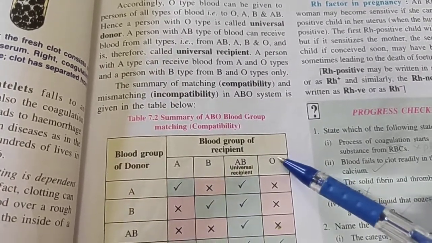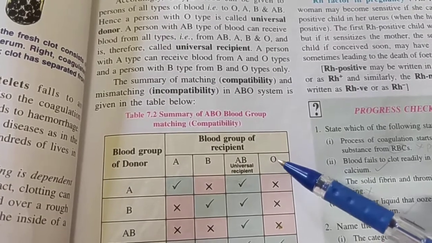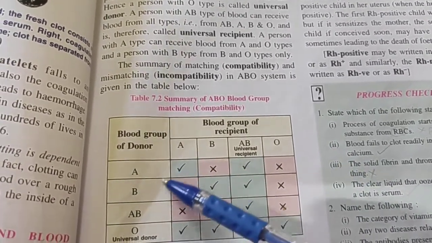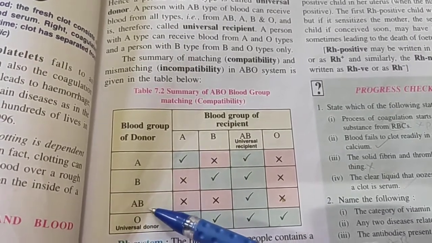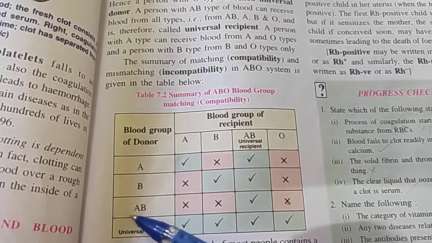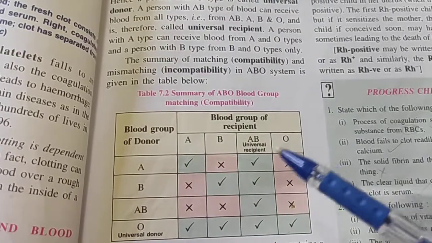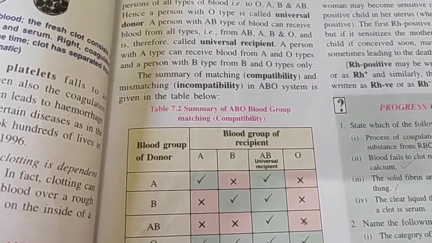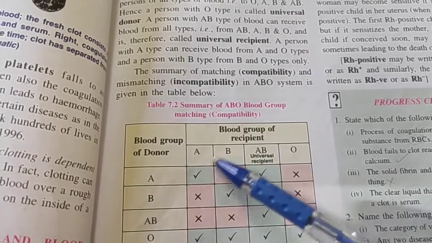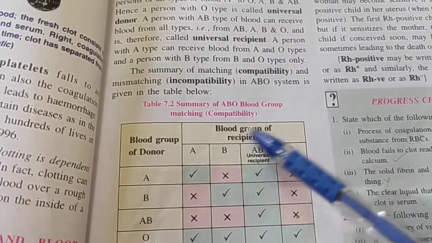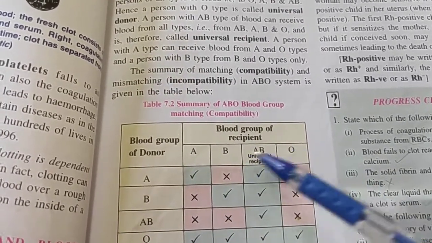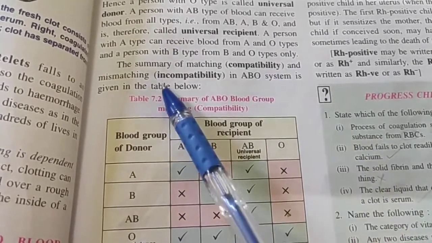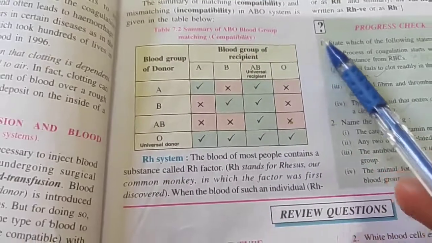Means the person having blood group O can give blood to all types of blood groups, and blood group AB can take blood from all types of blood groups. So this is the matching and mismatching in ABO system. It is shown here, compatibility or incompatibility.